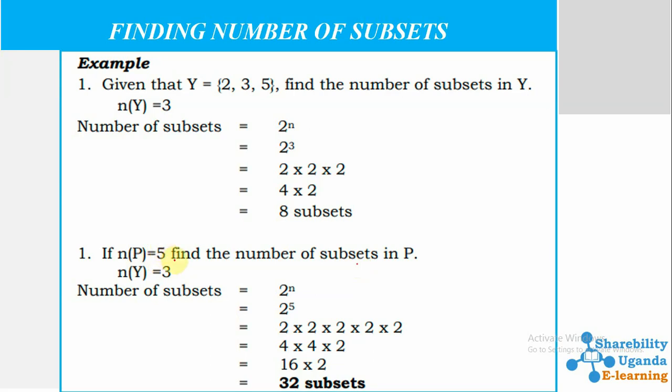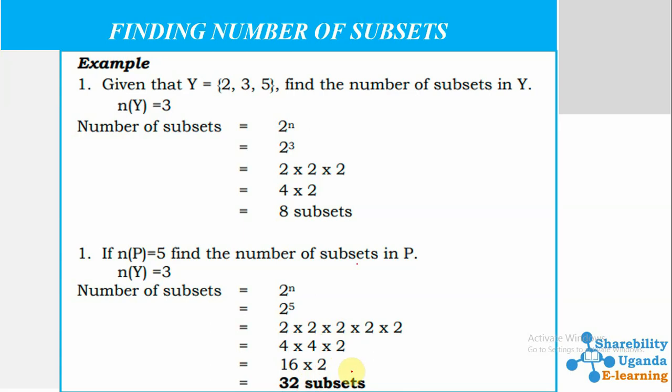So that means our 2 to the power n is 2 to the power 5. Then we multiply 2 five times, so we get 2 times 2, 2 times 2. This is 2 times 2, you get 4, 2 times 2, you get 4, then times 2. So that is 16 times 2, we get 32 subsets.